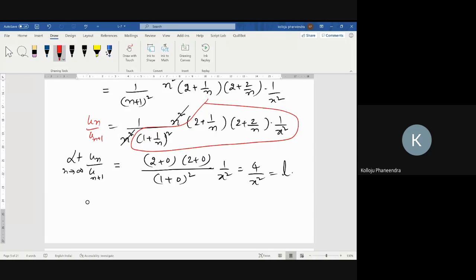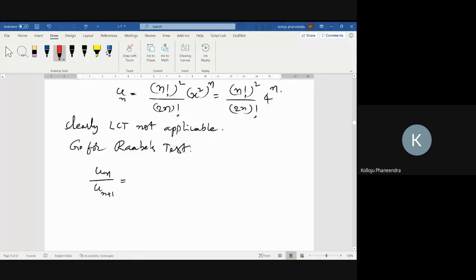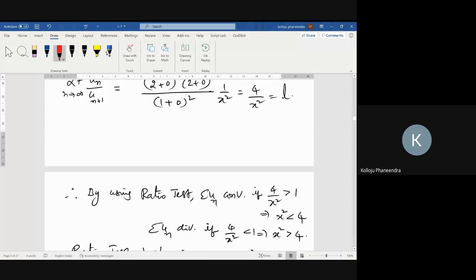Or one can write this also, since minus 1 is there, no need, both are same. You can write this, and what is this one? This whole square. So what is un by un plus 1?